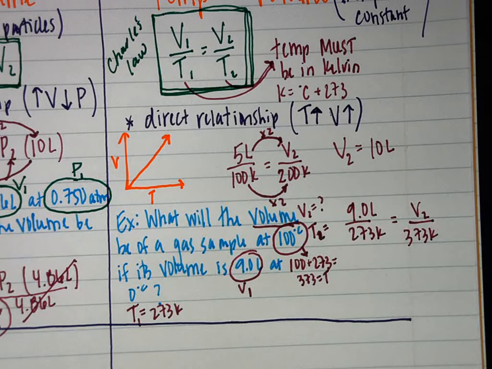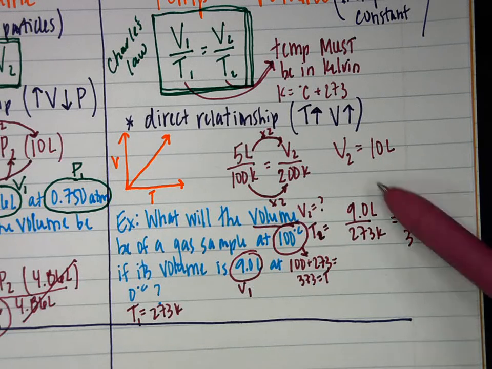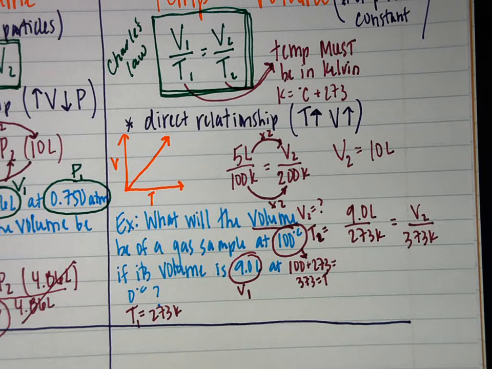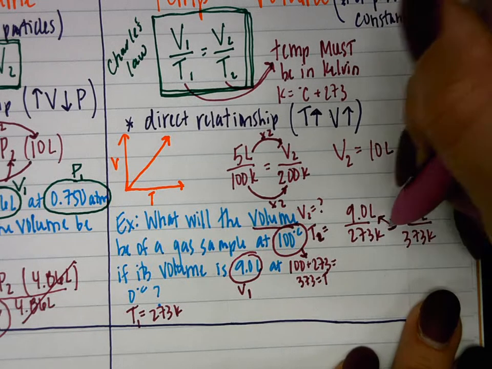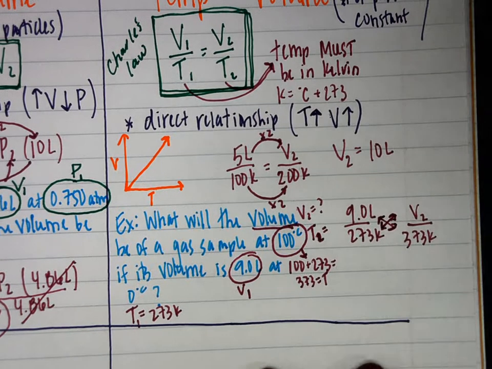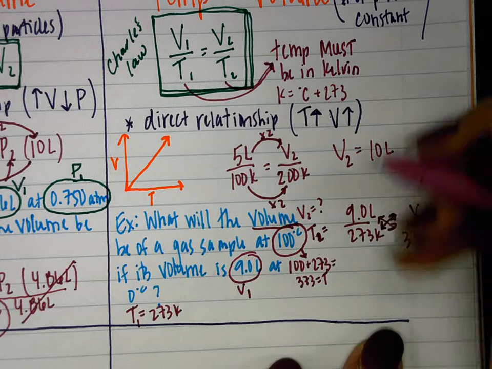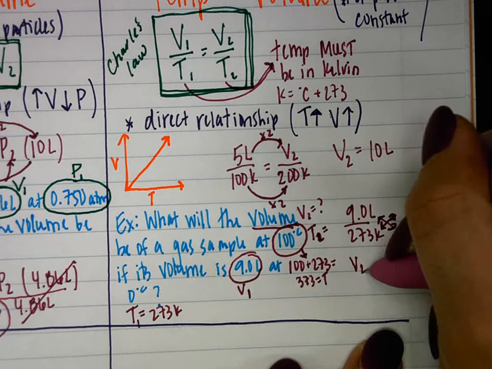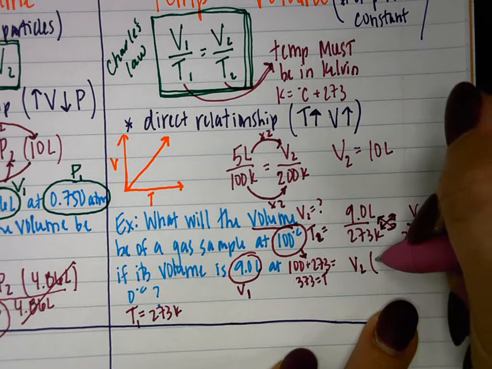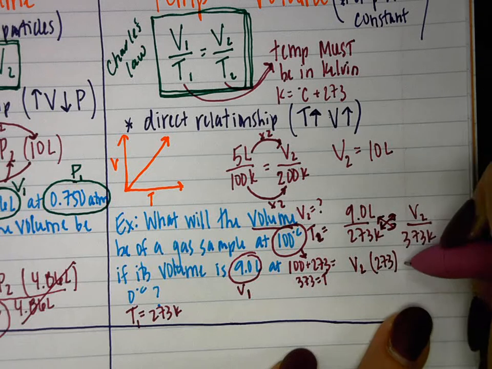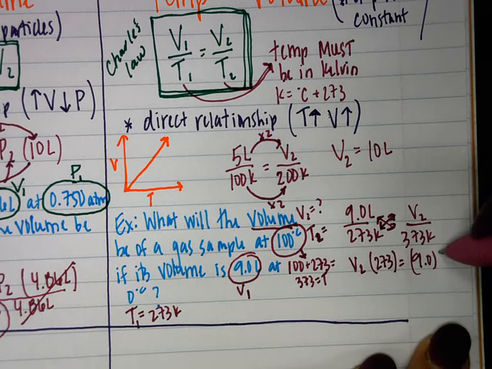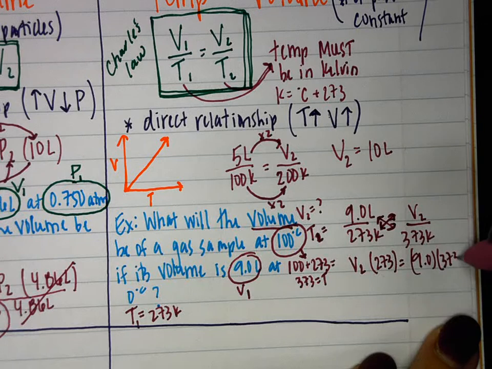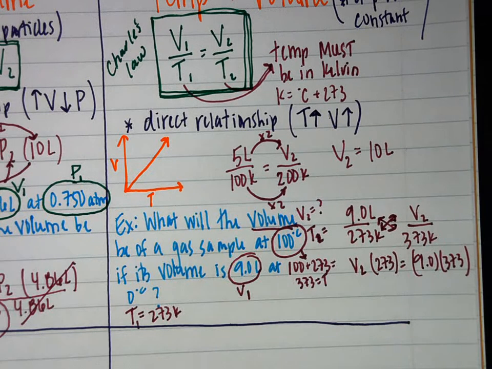Depending on how comfortable you are with your math skills, there are a lot of different ways you can do this, but I'm going to keep it consistent and cross multiply. So I get V2, or X, times 273 equals 9 liters times 373 Kelvin. Makes it a little bit easier.